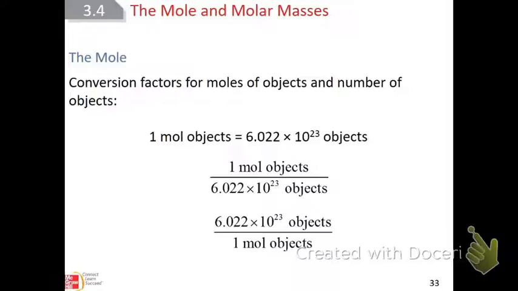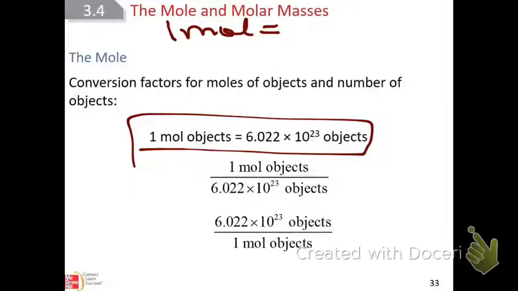So the rest of this chapter is going to be extremely heavy in conversion factors. And there are going to be 3 conversion factors that I'm going to ask you to learn. The first is that 1 mole is equal to Avogadro's number, 6.022 times 10 to the 23rd of any object.